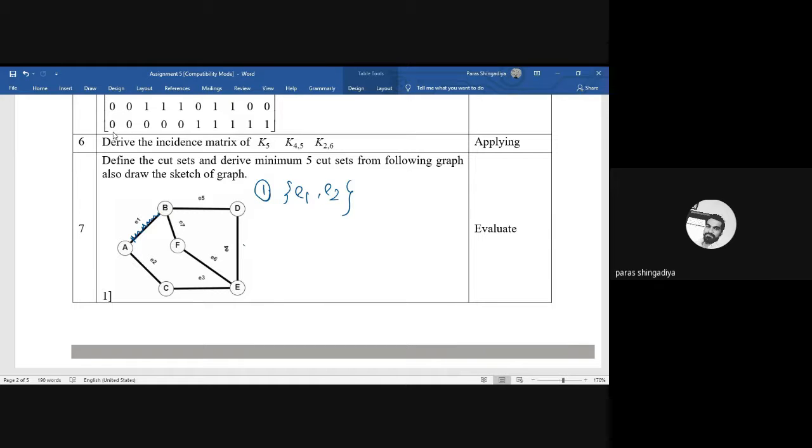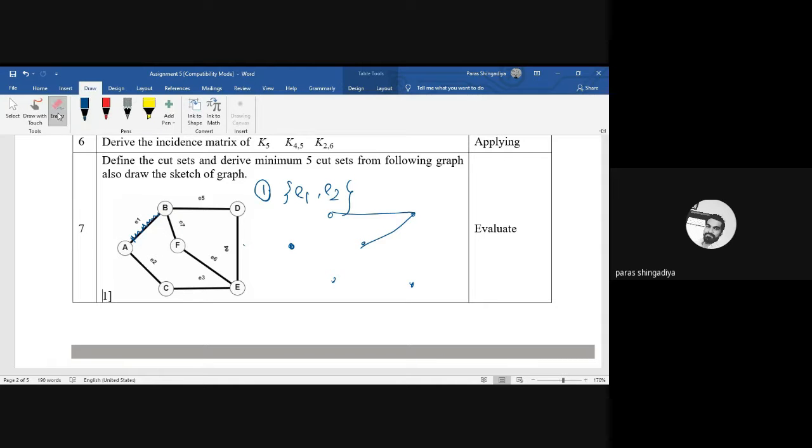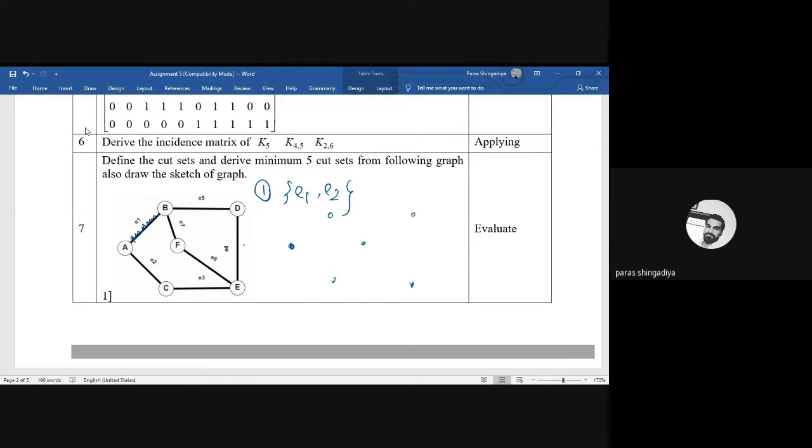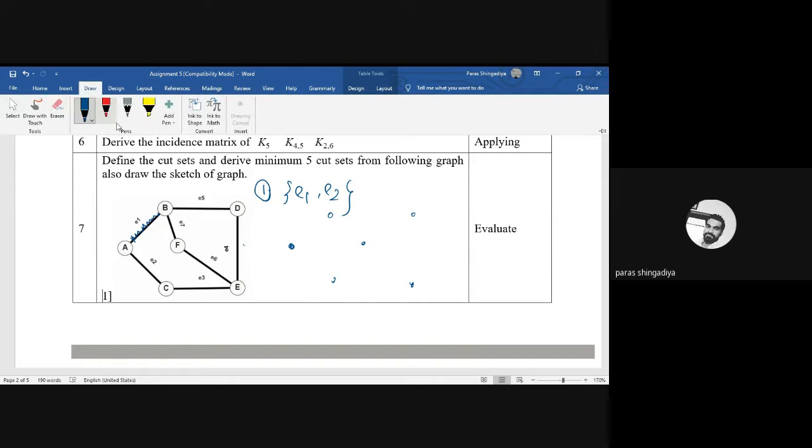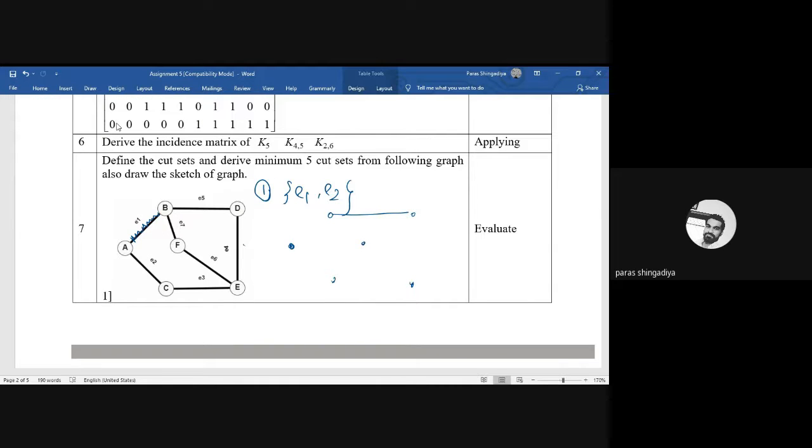And you can also draw the sketch here, okay, which graph you will get when we delete E1 and E2, okay. Clear?